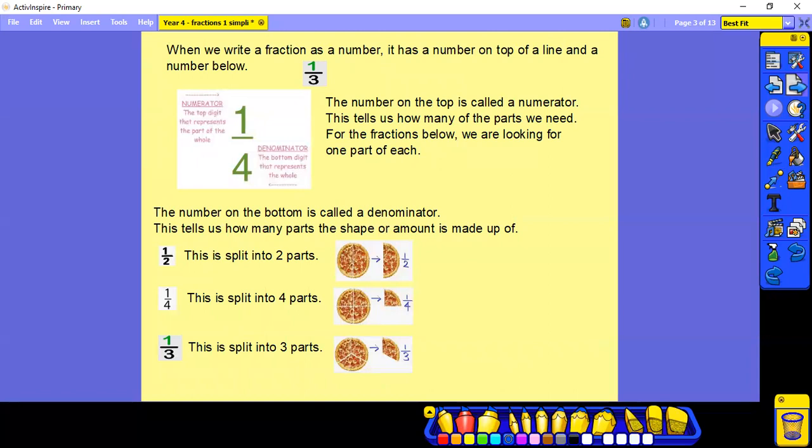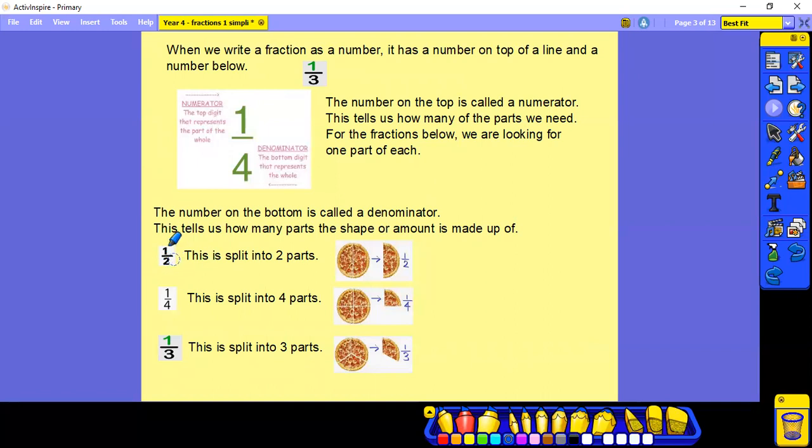When we write a fraction as a number, it has a number on top of a line and a number below. The number on top is called the numerator. This tells us how many of the parts we need. This number here is called the denominator, and this tells us how many parts of the shape or amount is made up of.